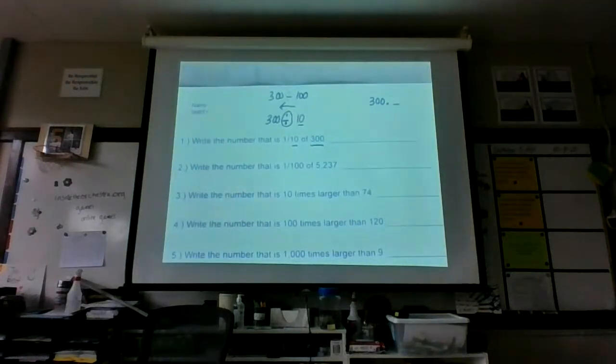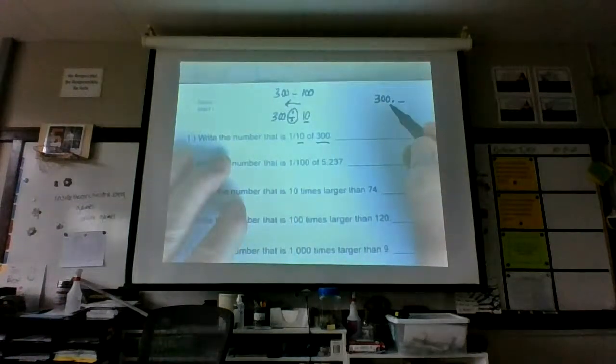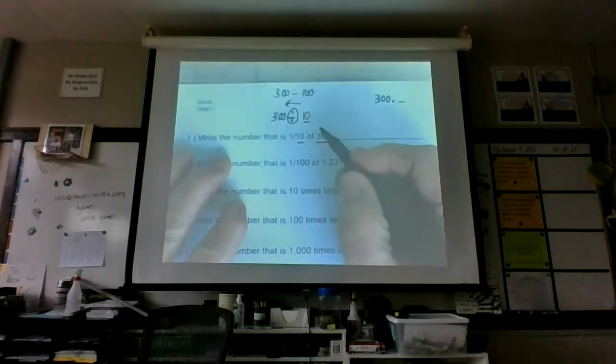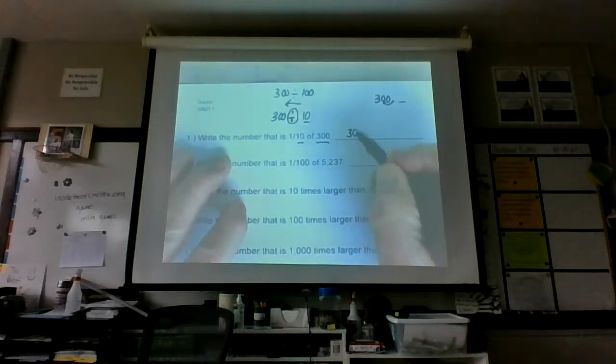Everybody look at the chart up there. You all see that? That behind the ones is a decimal point. Now, if the decimal point of 300 is here, and we're going to move it to the left, and we're going to move it one spot because there's a 1 0. Watch my screen, please. I move it once, and the decimal point goes between the 0 and the 0. That's the same thing as 30.